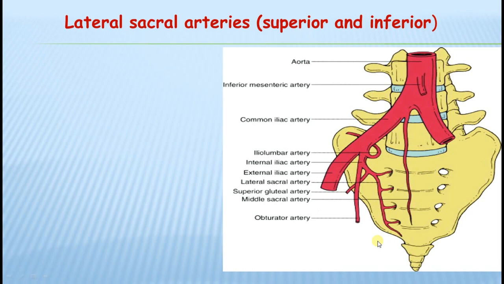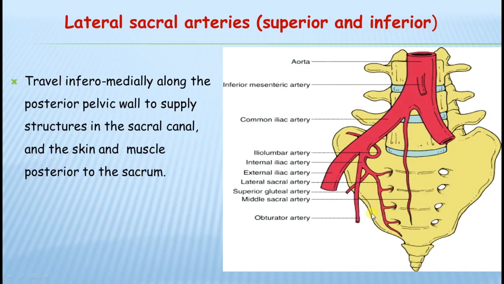It descends in front of the lateral margins of the pelvic sacral foramina and mainly supplies the contents of the sacral canal, skin and the muscles posterior to the sacrum. So that is about the lateral sacral arteries. They enter the pelvic sacral foramina and mainly supply the contents of the sacral canal.